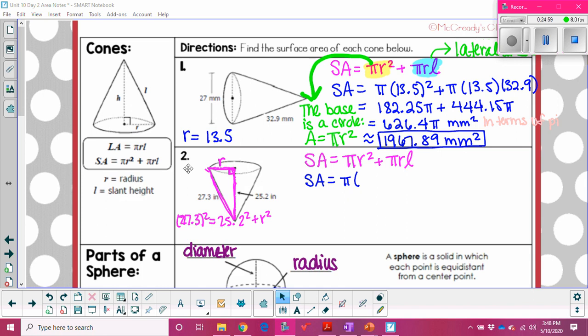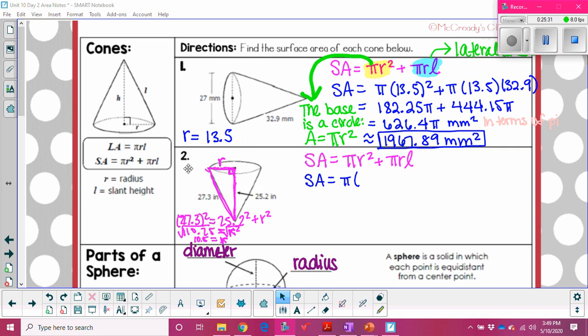If you subtract 25.2 squared from each side, you get 110.25 equals R squared. Taking the square root, you get 10.5, since 10.5 times 10.5 is 110.25, so that's accurate. So r equals 10.5.